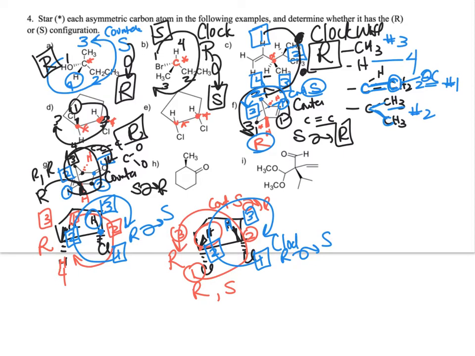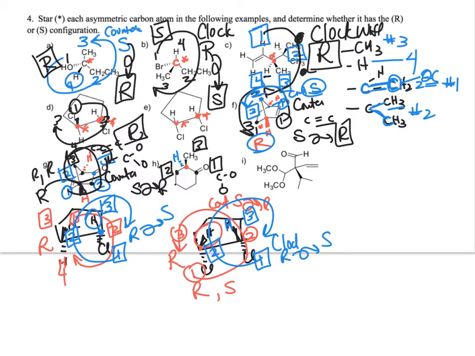Your asymmetric carbon here would be this carbon here with the methyl group coming at you. You assign your priorities. What you don't see then is hydrogen in back. You have 1 for the carbonyl because that's carbon bonded to 2 oxygens. Then you have the CH2 because that carbon is bonded to another carbon.